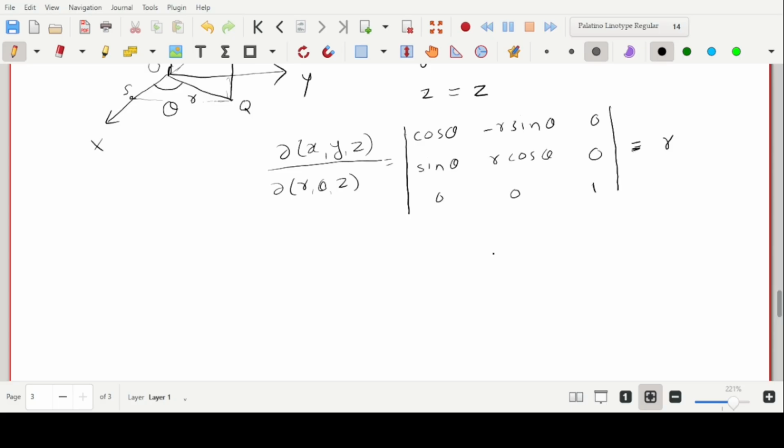Alright, so let us try to compute, in a similar way, the volume of a cylinder.